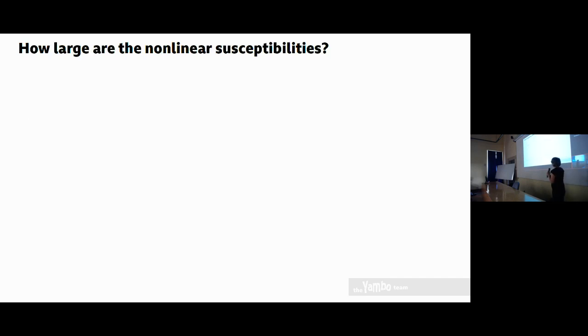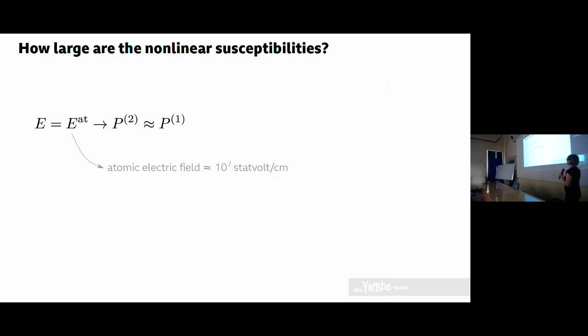Of course, the question is how large are those effects? So let's stay in a non-resonant case. This is an argument made by Du Bois, who introduced a phenomenological model for nonlinear optics, looking at some atom with springs.